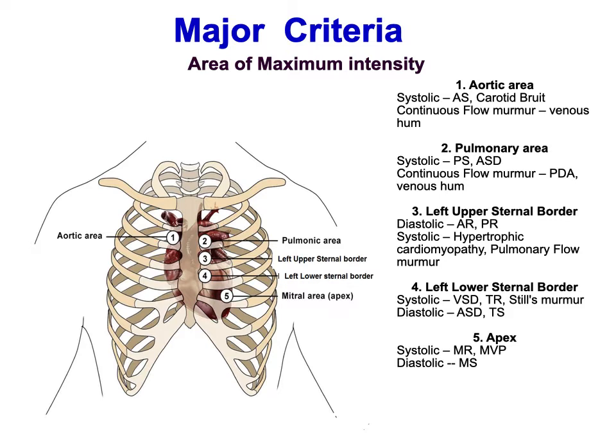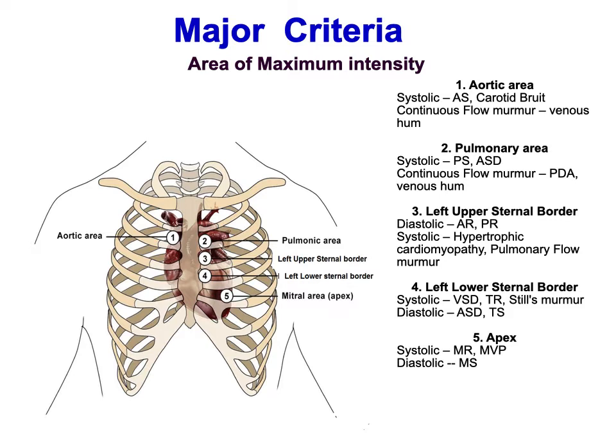Tricuspid regurgitation may also be found sometimes. In the diastole, in the atrial septal defect murmur, there is usually functional tricuspid stenosis, and in cases of pathological tricuspid stenosis as well, we get these murmurs in the left lower sternal border.